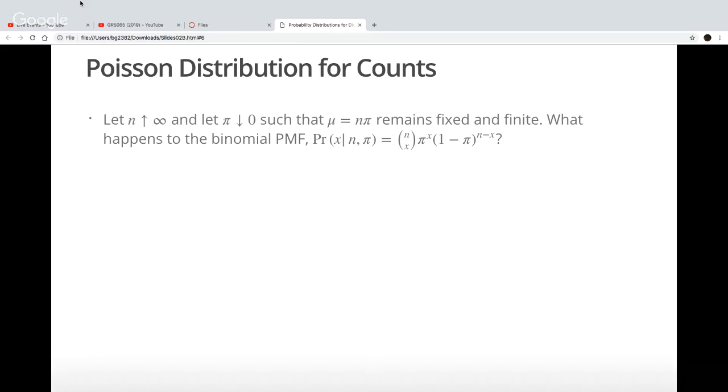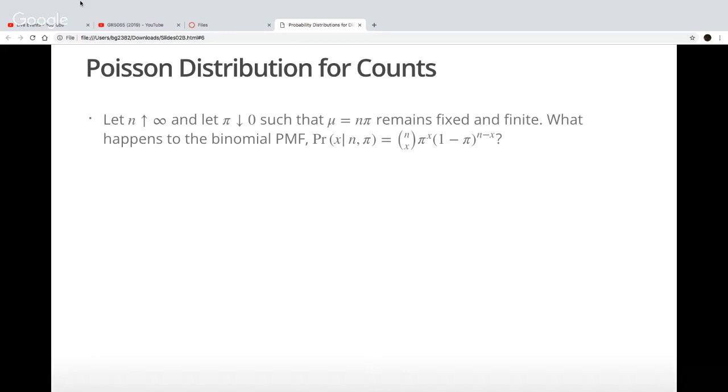So as we let n go to infinity, let's let the success probability go to 0, at such a perfect rate that n times pi remains constant. So n is getting big, pi is getting small, but the product of n and pi remains the same as we do this process. And n times pi is the expectation of a binomial, so we'll just call that mu.